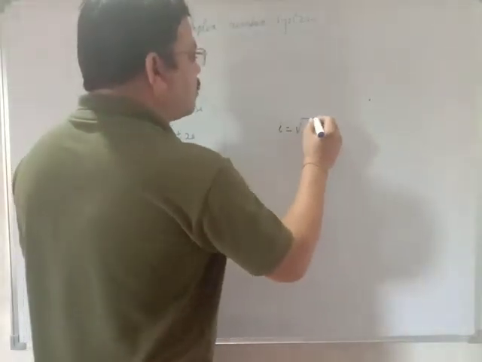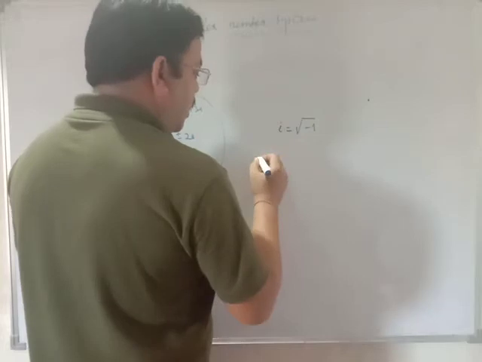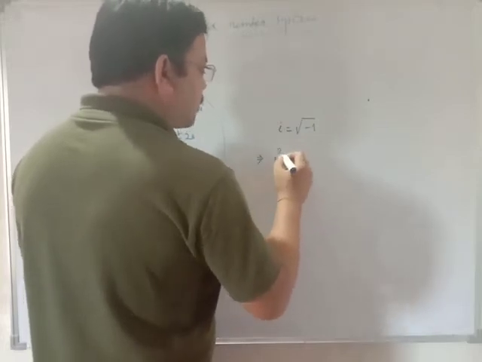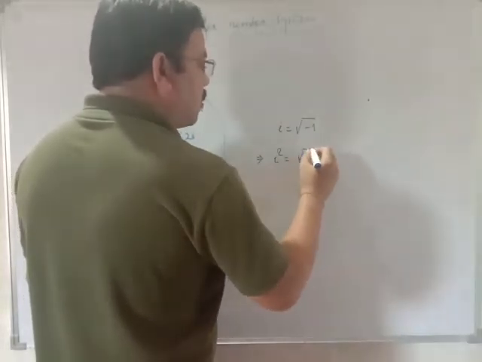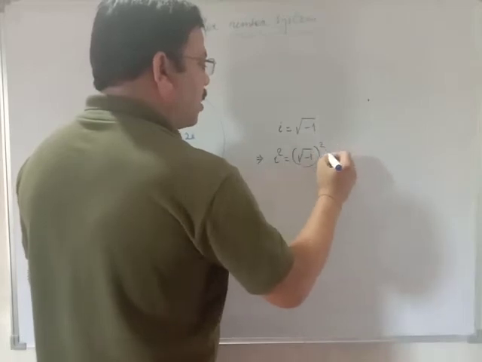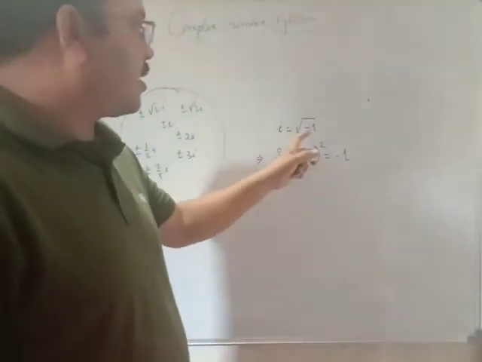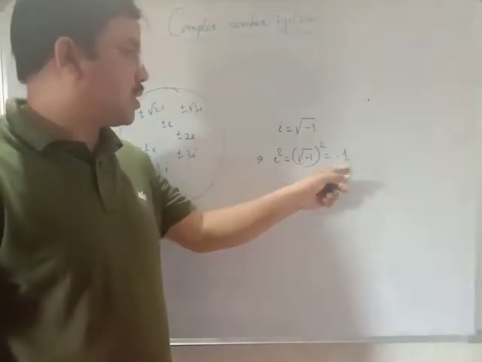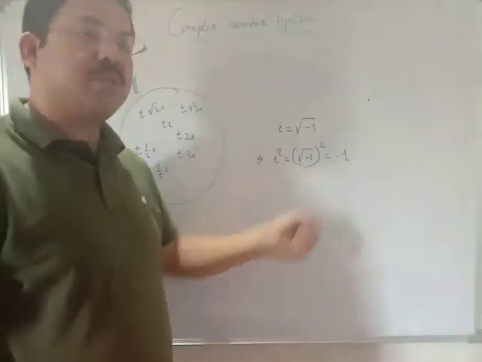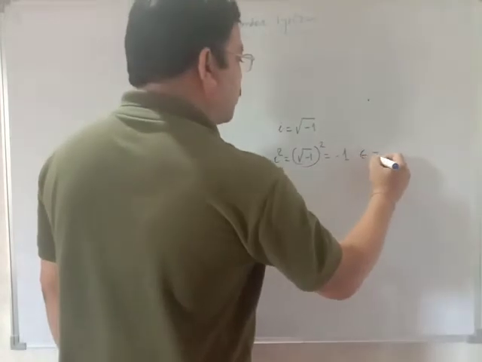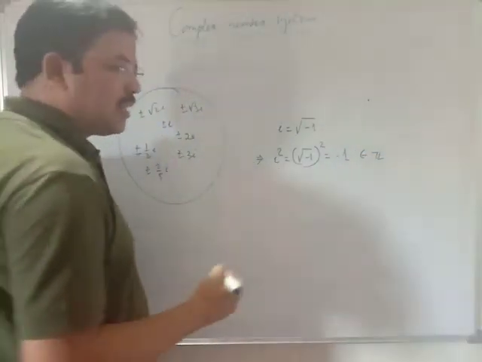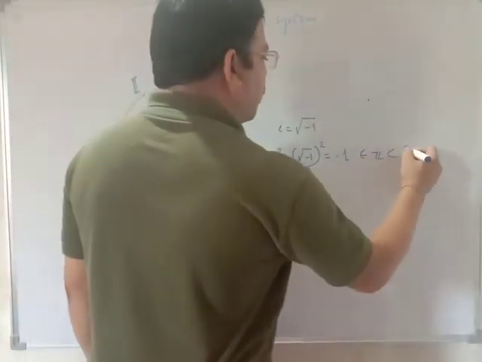So what is I? I is equal to root of minus 1. It means I square equals what? Root of minus 1 whole square is equal to minus 1. So I is imaginary, but I square is real because it is minus 1, and minus 1 belongs to the set Z, and Z is a subset of real.